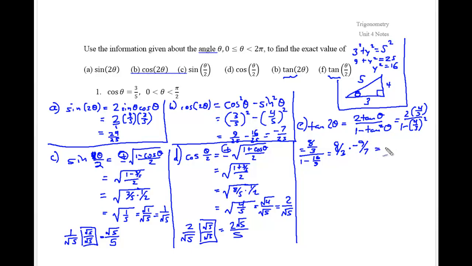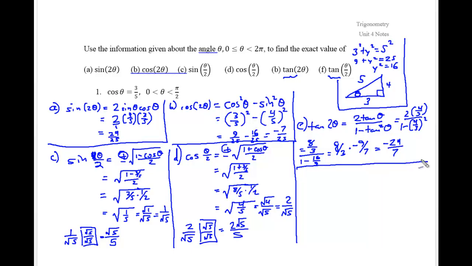And this eventually, if you do the problem correctly, it breaks down to negative 24 over 7. Now if you didn't do any simplification, this would be 24, 48, 72. 72 over 21, but then you can divide top and bottom by 3, and you'll get your 24 over 7. So there's your answer for part E.